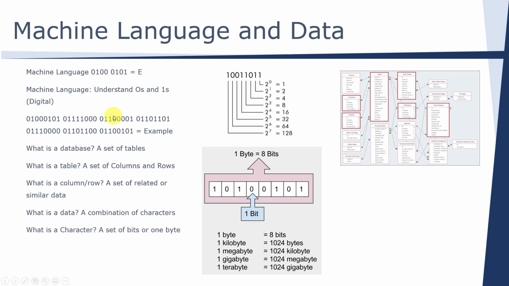So then again, for somebody who's very introductory to this, I wanted them to appreciate how data gets translated into machine language, and that is basically a combination of on and off, 0 being off and 1 being on, and then the position of that tells you about the kind of letter.